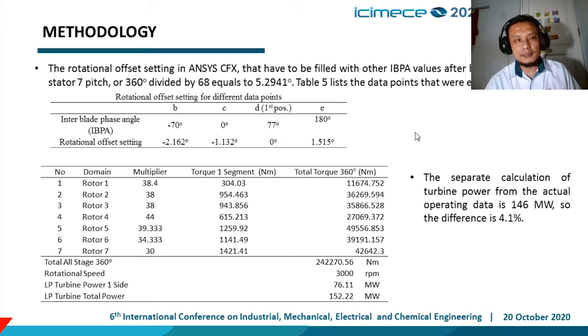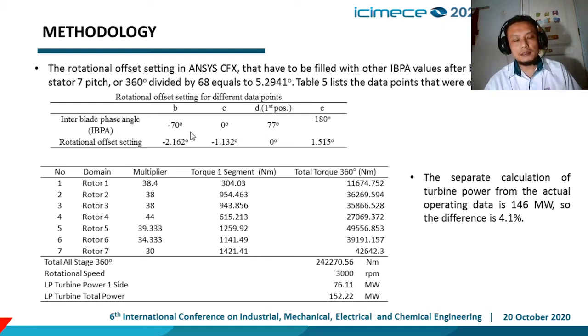after being normalized with the stator 7 pitch, or 360 degrees divided by 68, equal 5.29, as we explained before. This is the data point that we evaluated in this study.